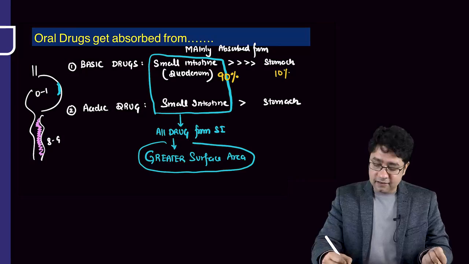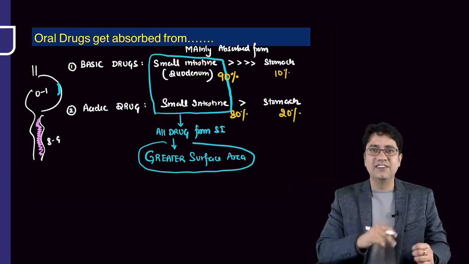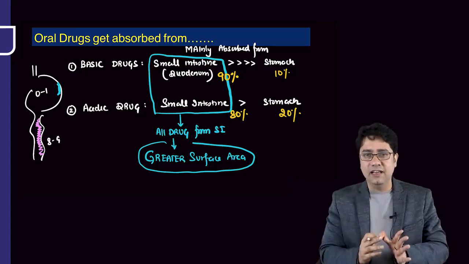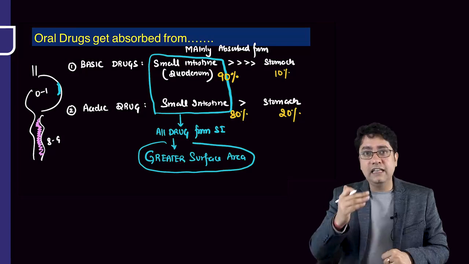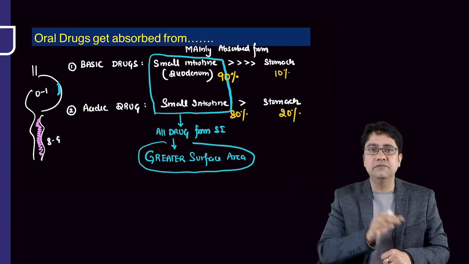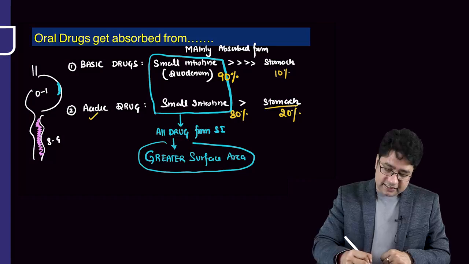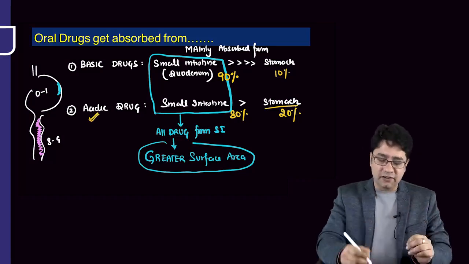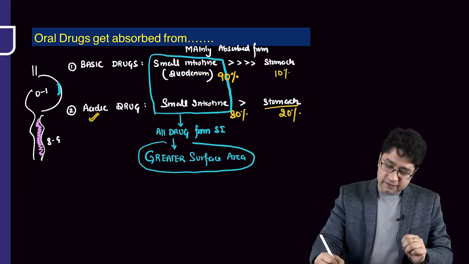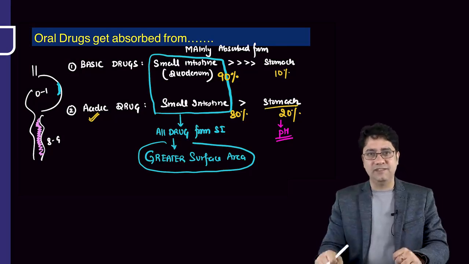But an acidic drug, 80% from small intestine, 20% from stomach. So can you tell me which drug in greater percentage gets absorbed from the stomach? It is the acidic drug because of the pH of media. So pH plays a minor role.